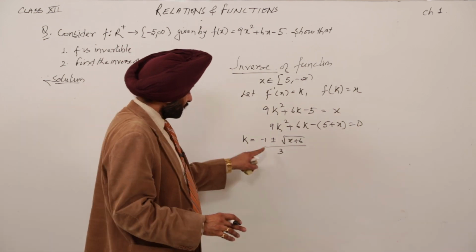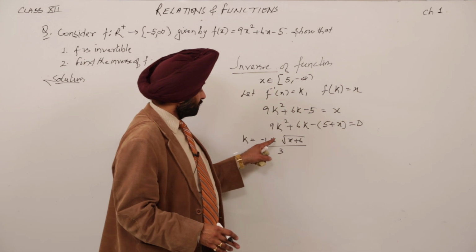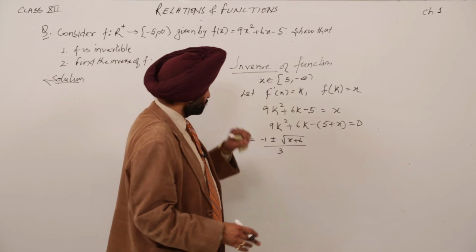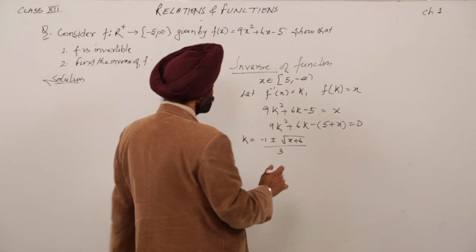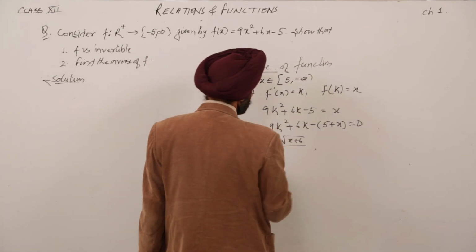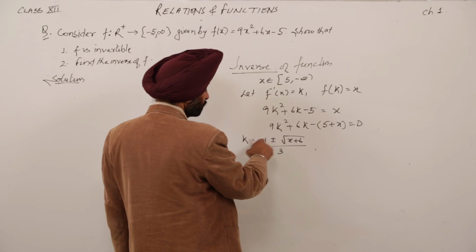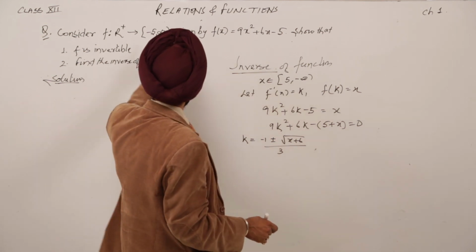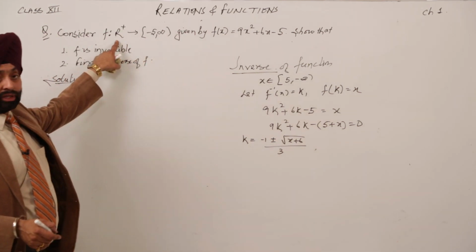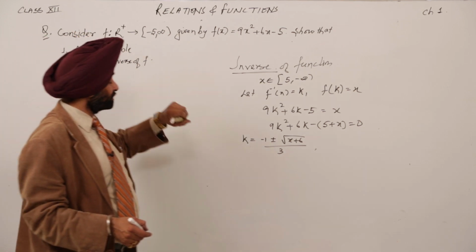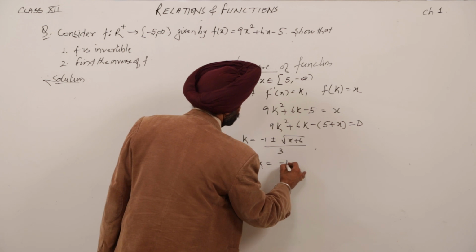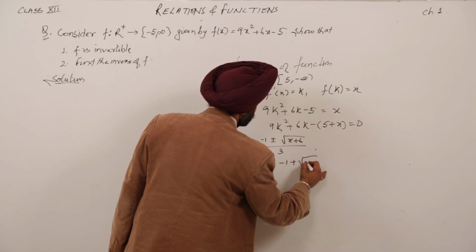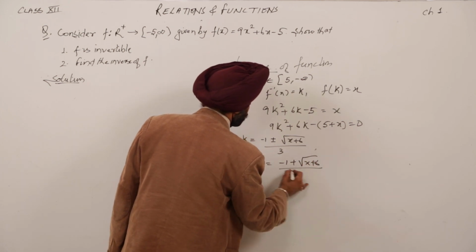Here we are having two roots, minus 1 plus under the root x plus 6 upon 3 and minus 1 minus under the root x plus 6 upon 3. So we are going to reject the negative part, because then our condition becomes false. We are having the set of positive real numbers. So finally we are getting k is equal to minus 1 plus under the root x plus 6 upon 3.